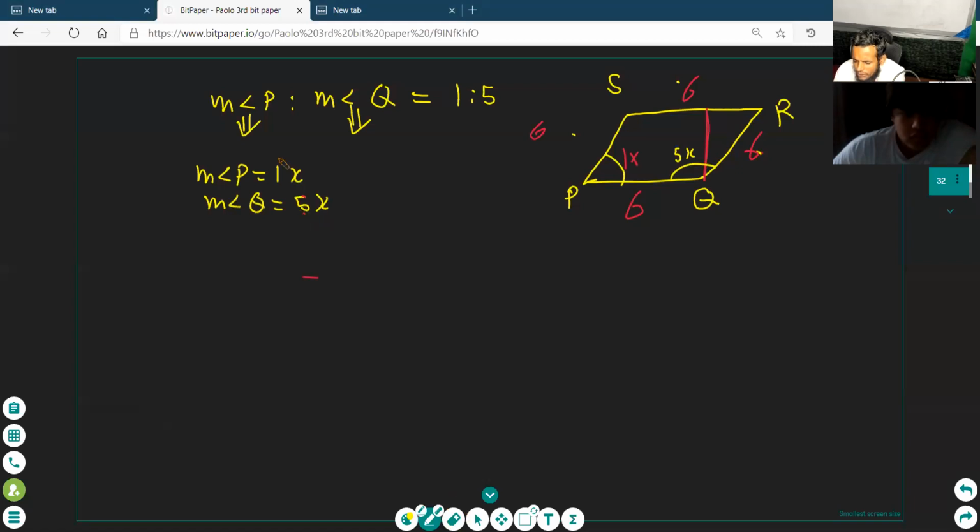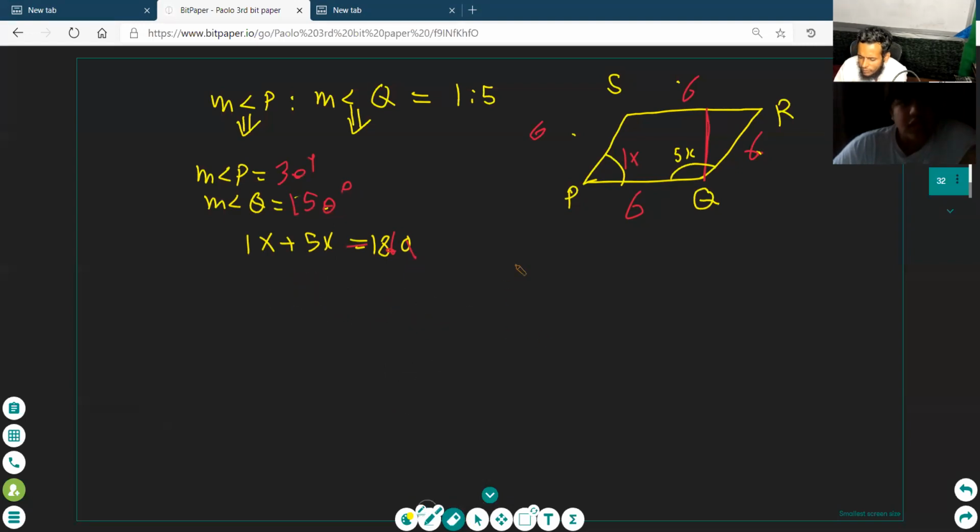Do the steps. What steps are you doing? 1x plus 5x is equal to 180 degrees. Six x divided by 180, wrong.